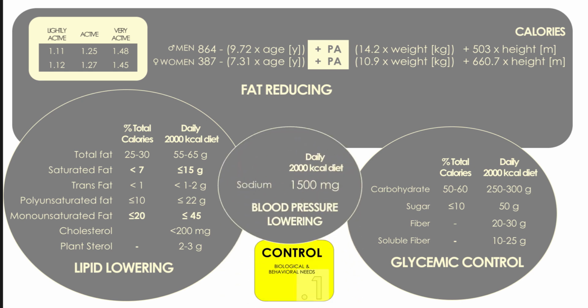We know very popularly and with pretty good certainty that blood pressure lowering diets through sodium reductions are effective. The DASH diet is the best model here, which is what you can see. It's 1,500 milligrams a day, and that's been shown to lower blood pressure in a relatively short amount of time.